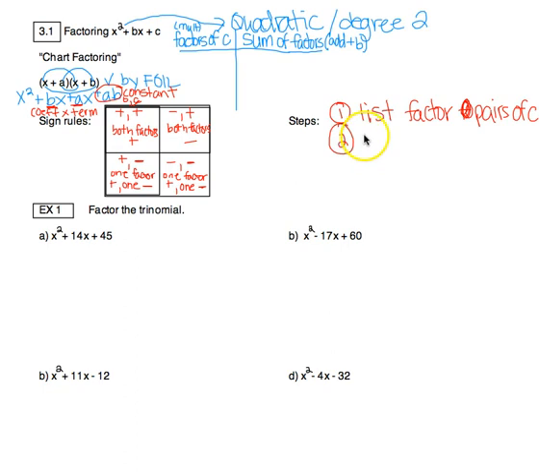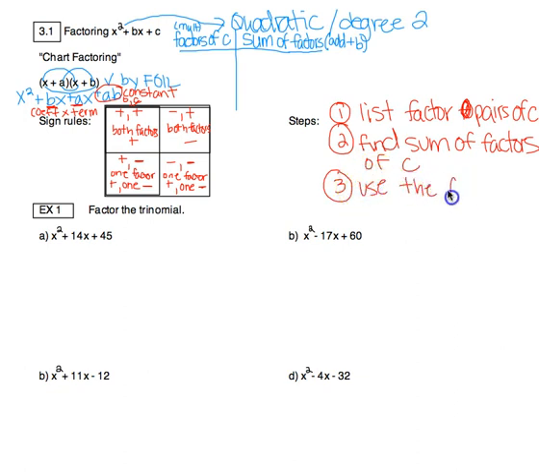Then you are going to find the sum of those factors of C. And then step 3, use the factors that add to B.